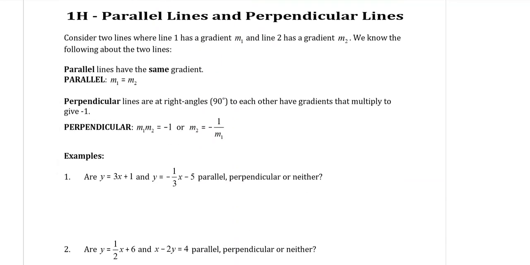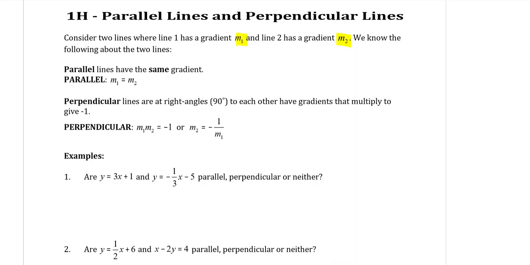Okay, moving on to our parallel and perpendicular lines. To know whether lines are parallel or perpendicular, we need to know their gradients. So if we're comparing two lines, we would call M1 the gradient of the first line and M2 the gradient of the second line.